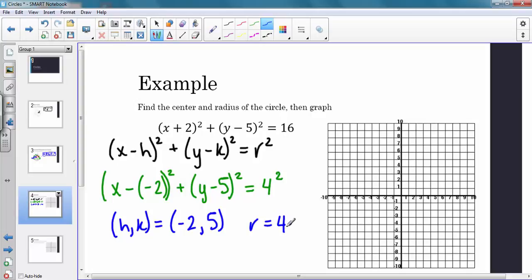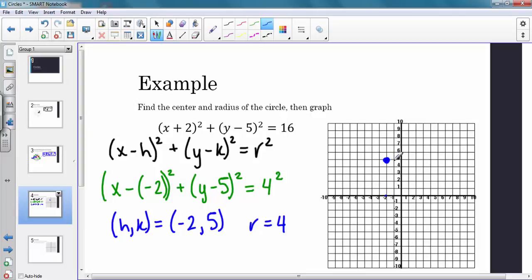Then it also asks us to graph. So we're going to come over here to our blank graph, and we're going to go to negative 2, and then 1, 2, 3, 4, 5. So here's our center. And then we need a radius of 4, so we're going to go in every direction 4.